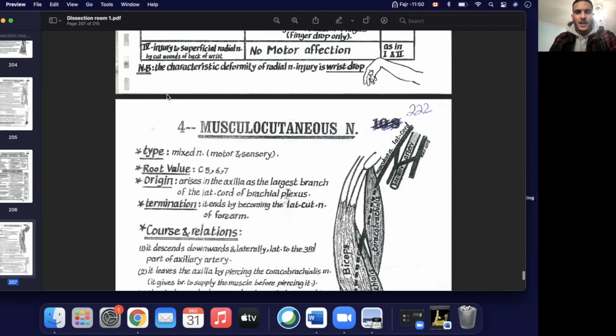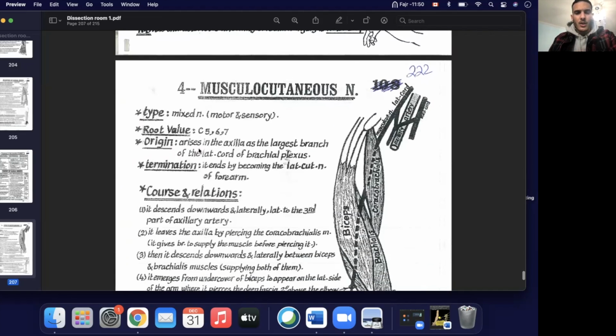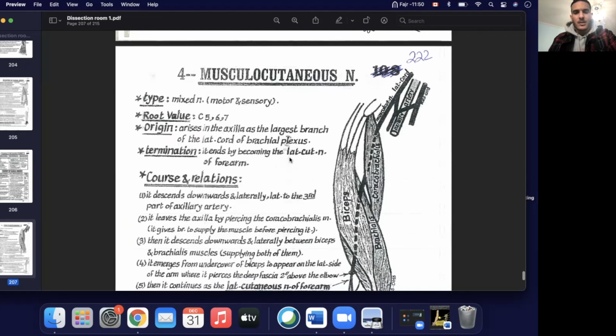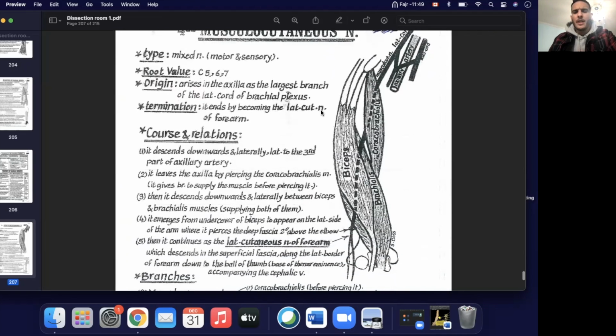Injury, you don't need to worry about it. Musculocutaneous nerve: it arises in the axilla as the largest branch of the lateral cord of the brachial plexus, and it terminates in the forearm as the lateral cutaneous nerve of the forearm, as it has cutaneous functions as we discussed.